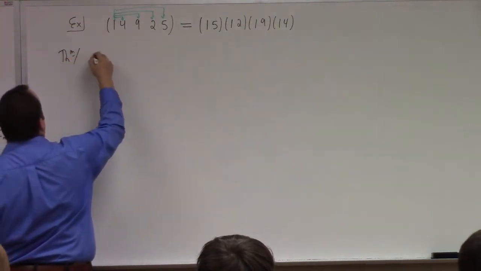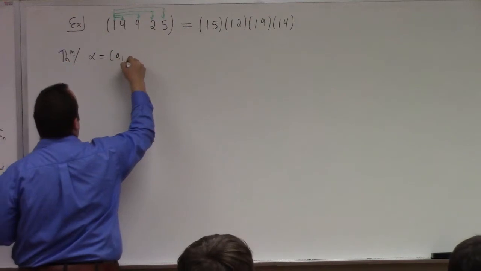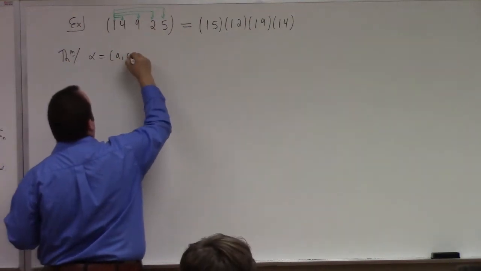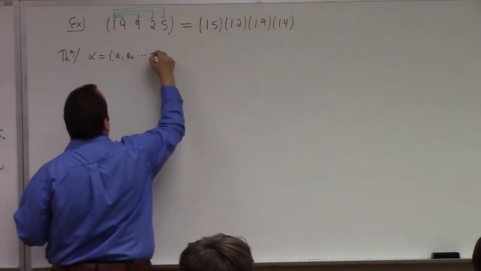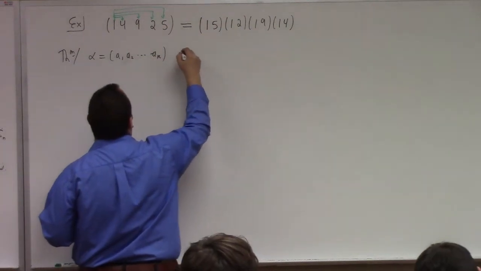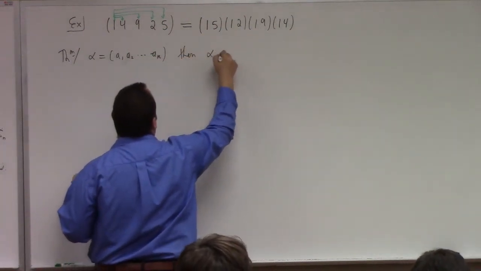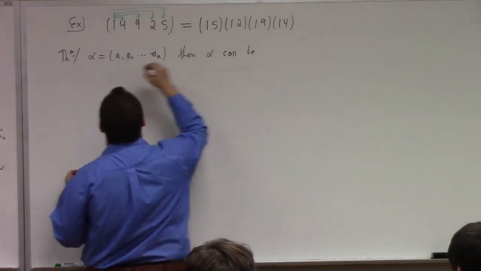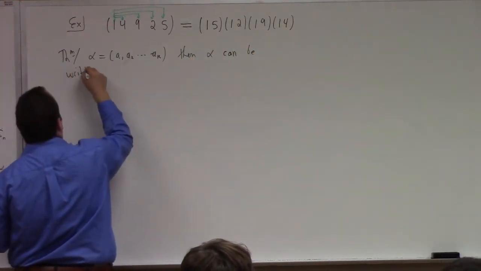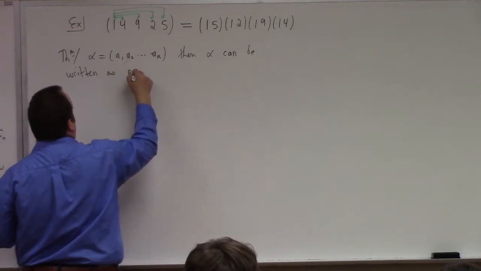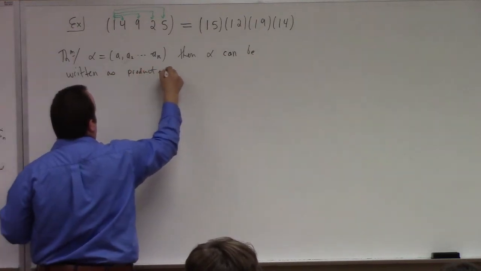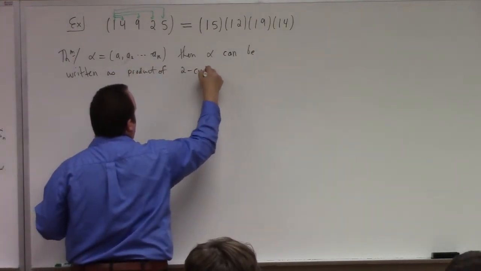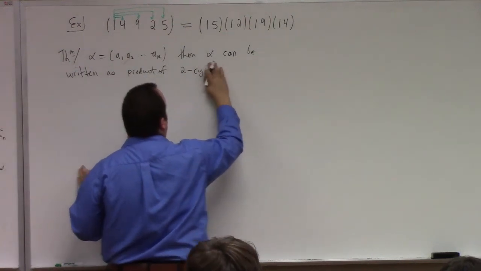Theorem: alpha equals (A1, A2, ..., AK), right? Then alpha can be written as a product of two-cycles. Now, two-cycles, I keep misspelling cycles.